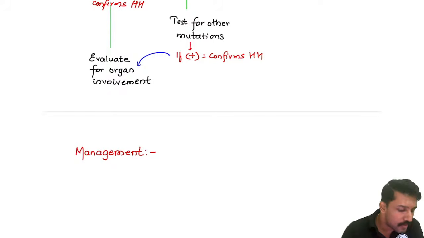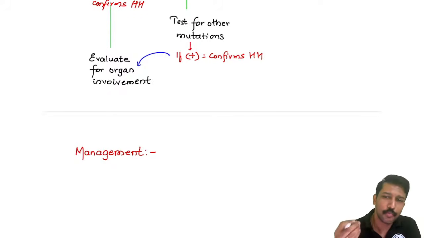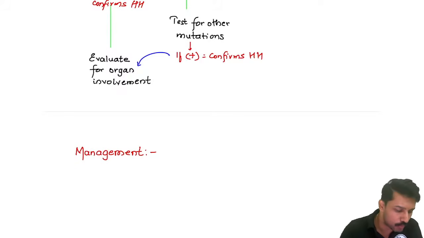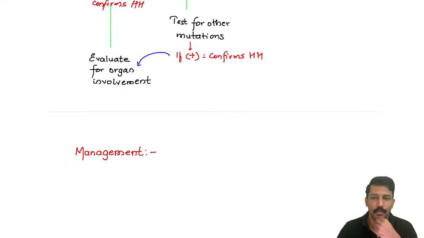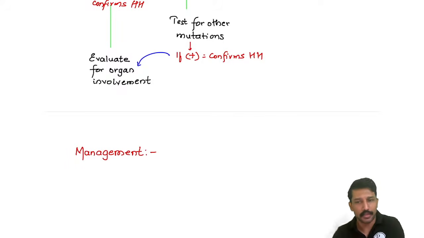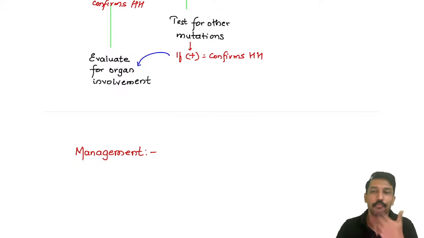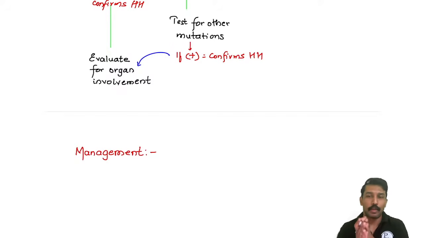Because of the lack of TSH production, we will end up with hypothyroidism. Okay. So there are two ways I can reduce the iron load from the organs. One of them is giving iron chelating agents, which will bind the iron and take it away. Or more effective, in fact, the most effective treatment that I can offer for these patients is phlebotomy.